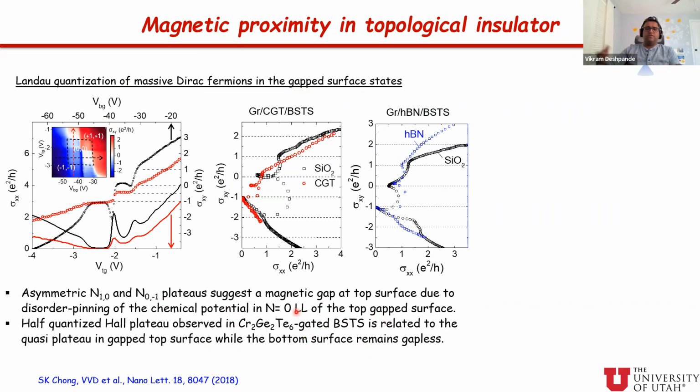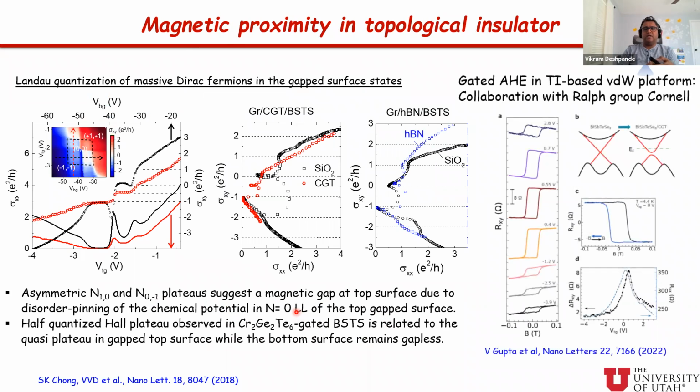We essentially saw features associated with disorder at the interface of the magnet and the 3D TI. More recently, we worked with our collaborators at Cornell, Dan Ralph's group, and they have been able to make samples using our material that look like they have much cleaner interfaces, and they have shown recently that they can realize a gate tunable anomalous Hall effect in this type of device.